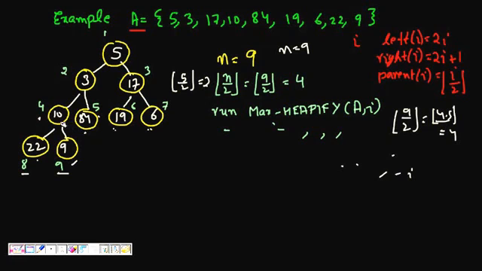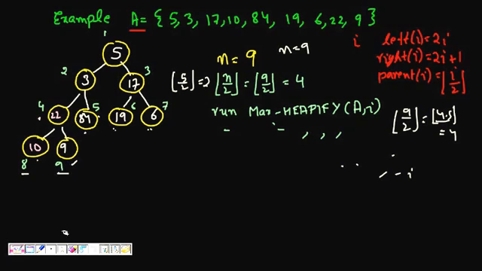So we swap the max value among the children with the parent node. So 22 we swap with 10. So 10 comes here and 22 goes there. Now this node 4 is satisfying the max heap property because that value is greater than both its children.